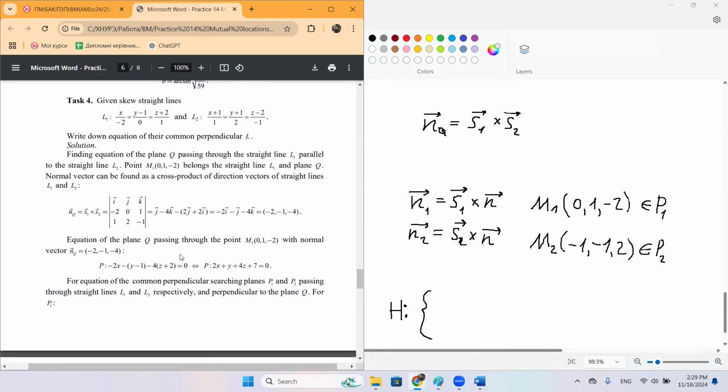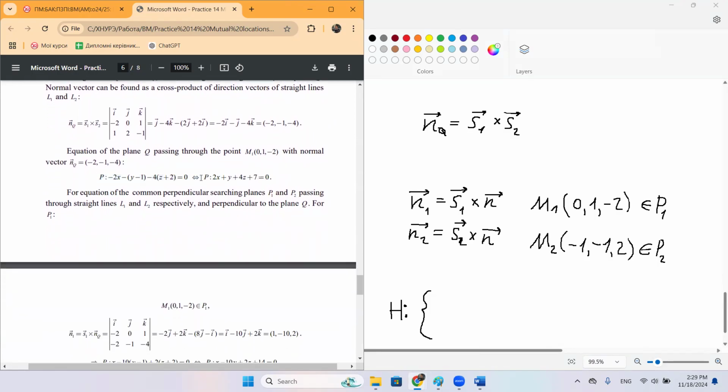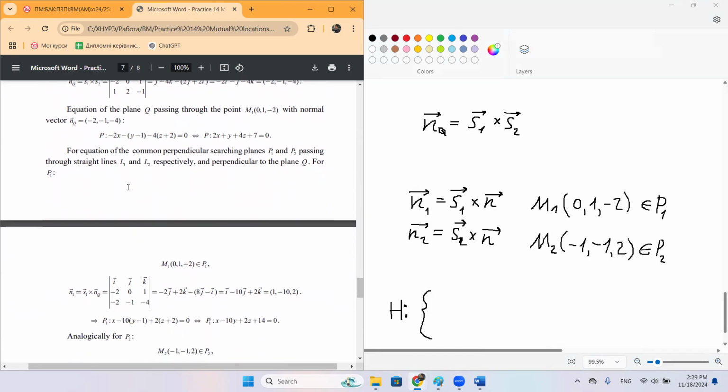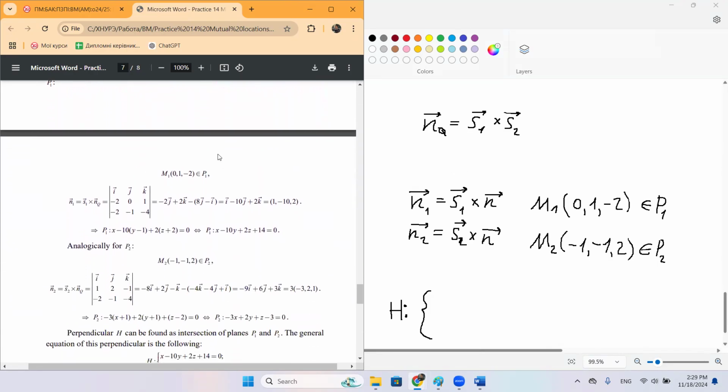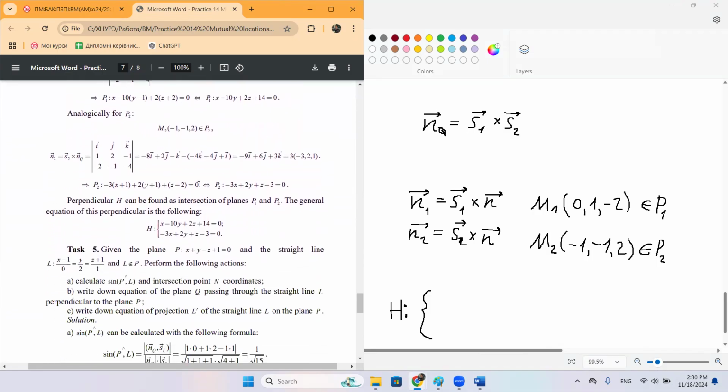So we found plane Q, found the equation of P1, found the equation of P2, and just wrote down the common perpendicular H, which is the intersection of planes P1 and P2. And this is the general equation, as you remember. So the equation of the first plane, the equation of the second plane.